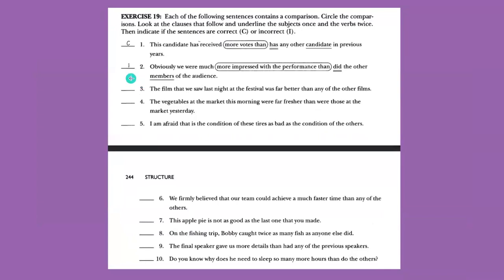Number 2, obviously, we were much more impressed with the performance than did the other members of the audience. This is incorrect. Good, so continue on your own and then we'll check the answers together.